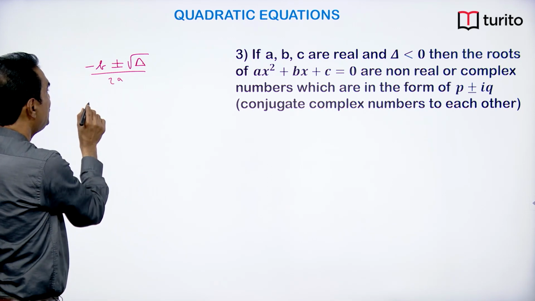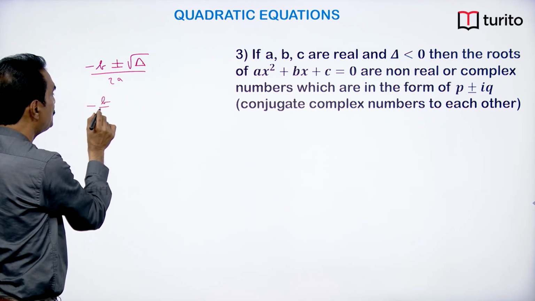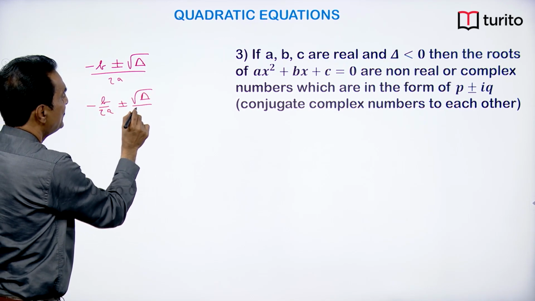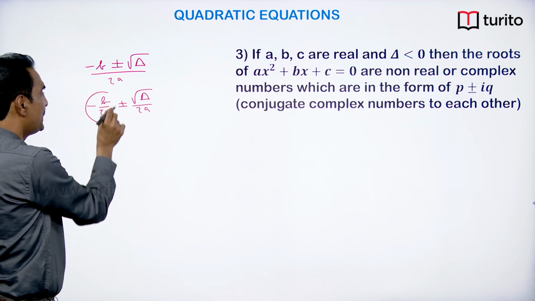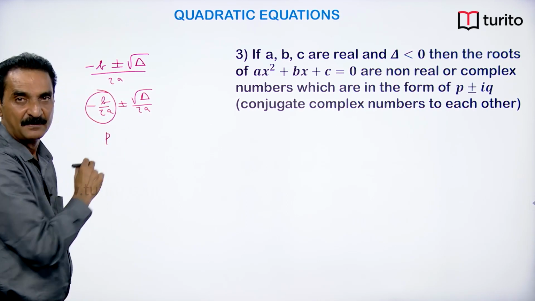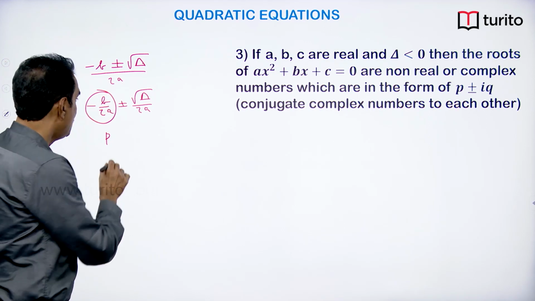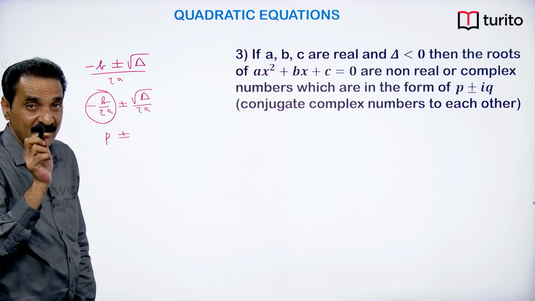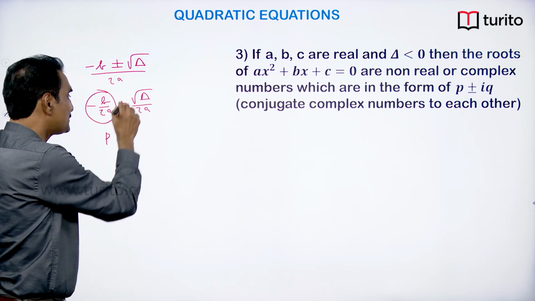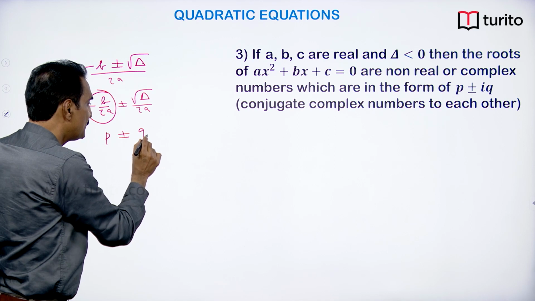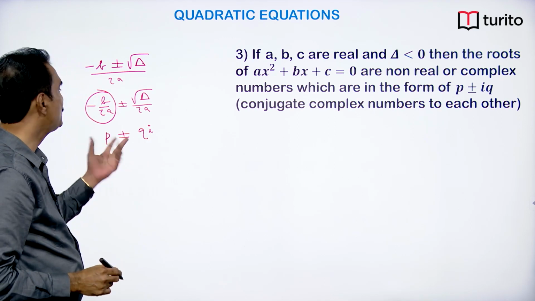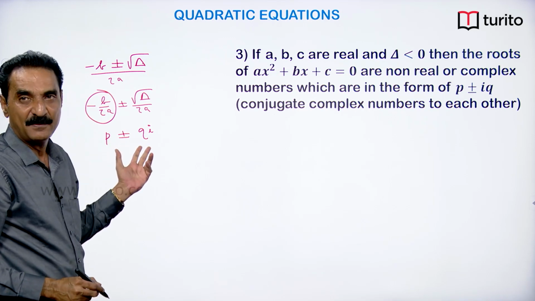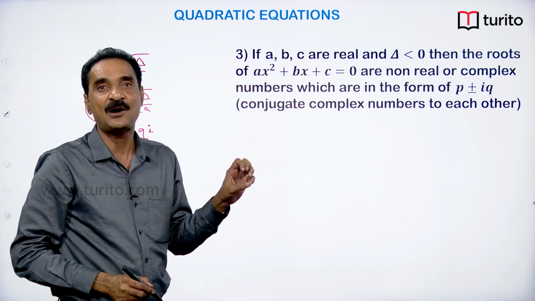Then if you separate it, minus b by 2a plus or minus root delta by 2a, you can take this as some p, real number by real number is some other real number, plus or minus, and root delta will contain iota. So this is totally in the form of qi or iq. So p plus iq and p minus iq are complex numbers, non-real complex numbers.